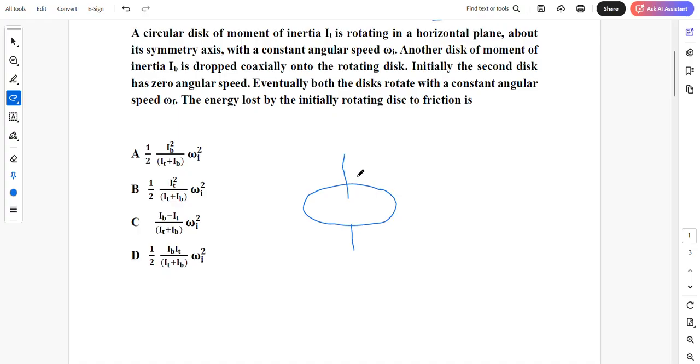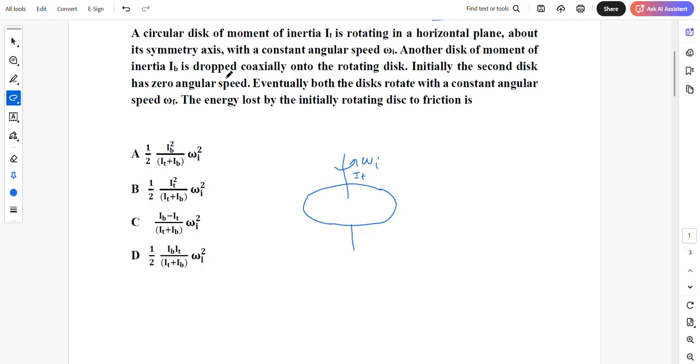It is rotating. What is the moment of inertia? And it is rotating about its symmetry axis with a constant angular speed they have given. How much? Constant angular speed omega I.